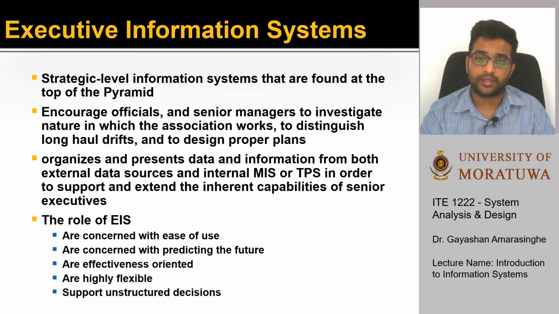And they are of course highly flexible. Depending on the requirements of the administrators, they can be designed or used in a way that can produce different types of results as required by the senior managers or C-level executives or administrators of the organization. They also support unstructured decisions because of this.